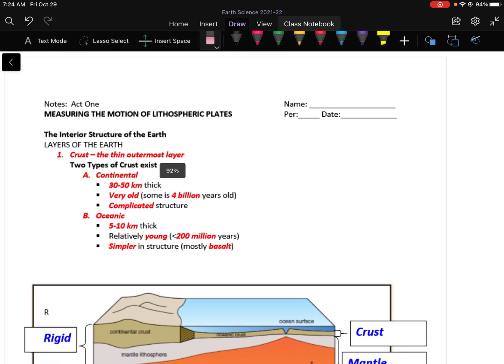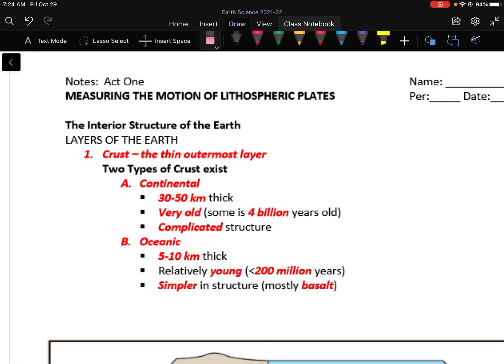Okay. So I'm sure that you've heard by now that there are different layers of the Earth, like the core and the mantle and the crust. We are going to be looking at the crust of the Earth, so like the outermost layers. So maybe don't write anything for a second and just hear me out.